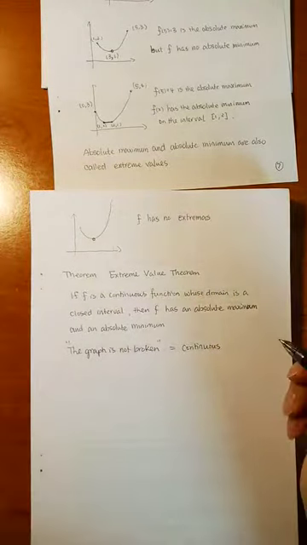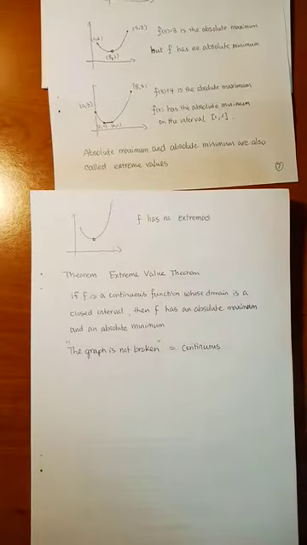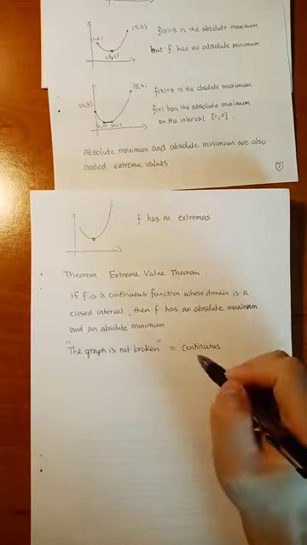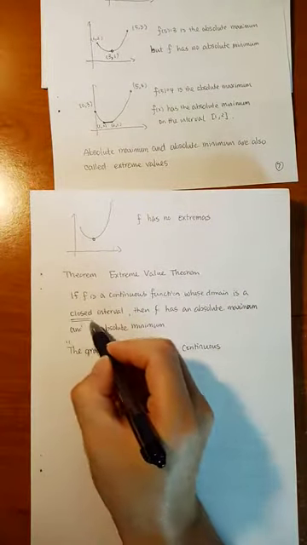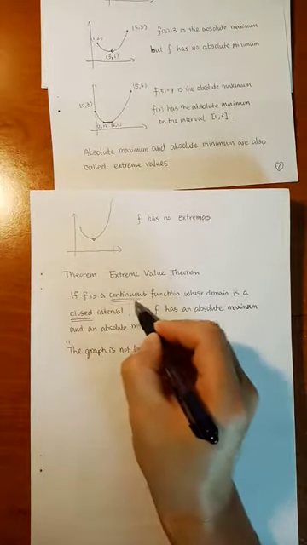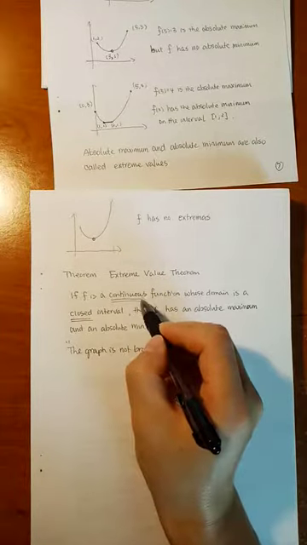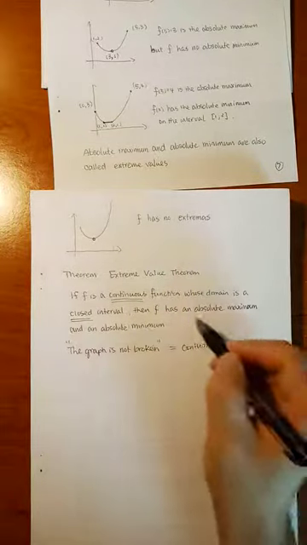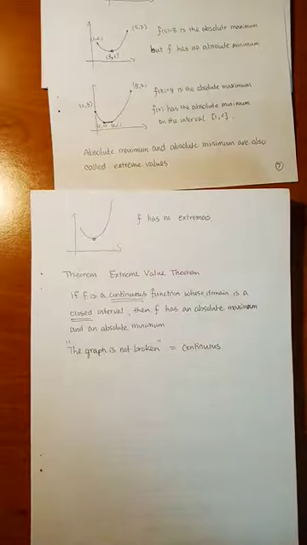Continuous just means the graph is not broken. When this happens, the function always has an absolute maximum and absolute minimum over the closed interval. So this is continuity. The second important property is a closed interval. So with these two C words, continuous function and closed interval, the function must have an absolute max and absolute min.